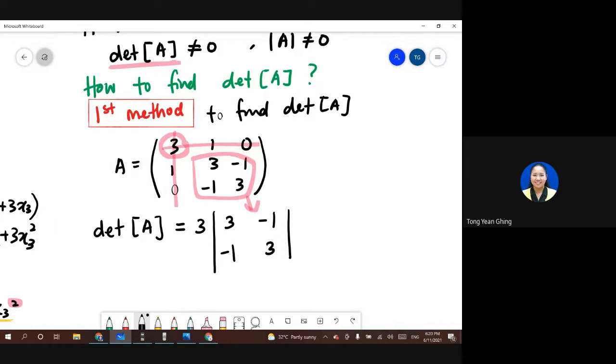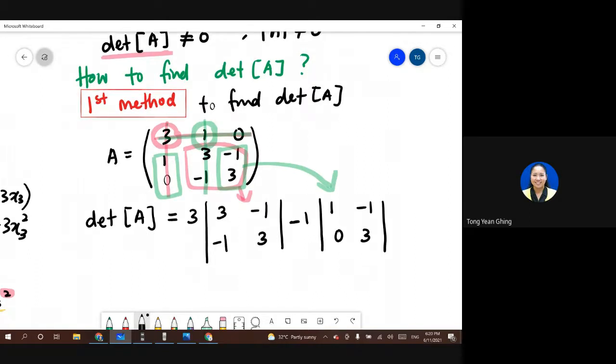And then for the second one, I have to put the sign of negative and continue with the second value here. This is 1, and do the same. Here as well, I will exclude the same row and the same column. So it becomes this matrix: 1, -1, 0, 3.